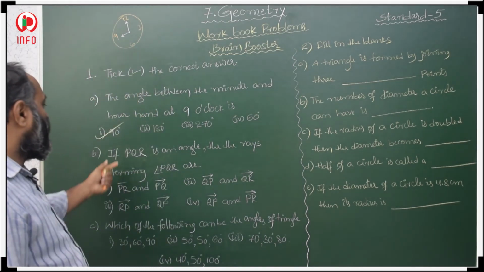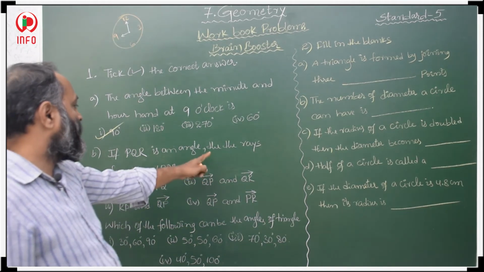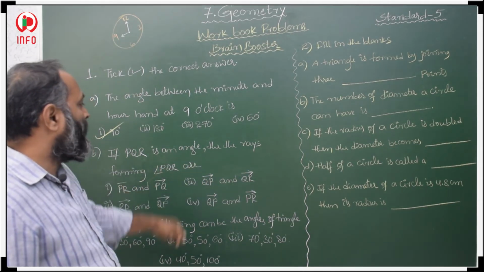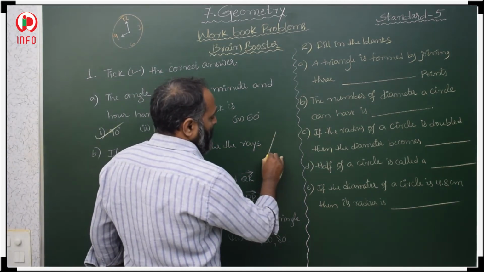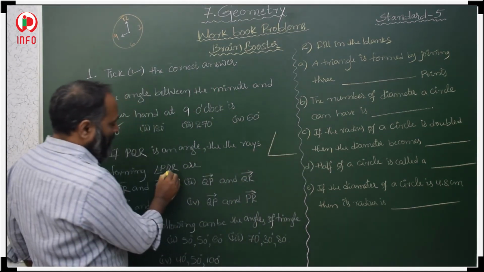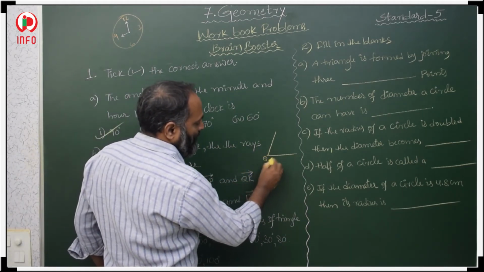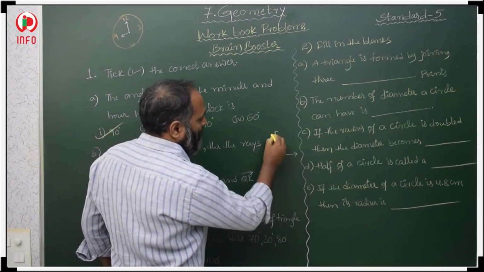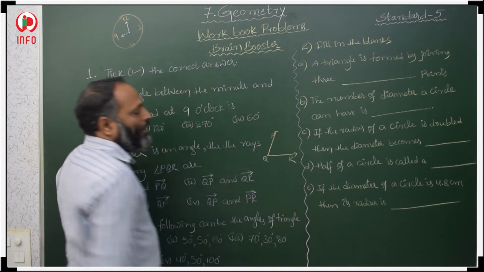The next one: if PQR is the angle, the rays forming angle PQR. See here, first you draw like this. Q we have to take in the middle, so the vertex we have to take here is Q. So first imagine like this.